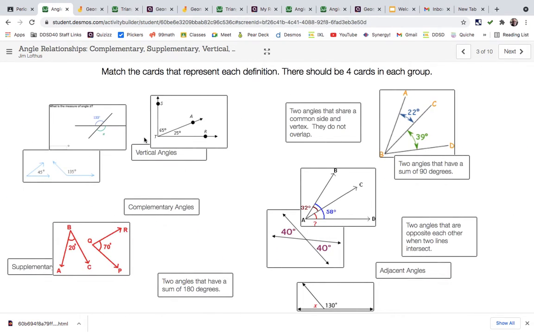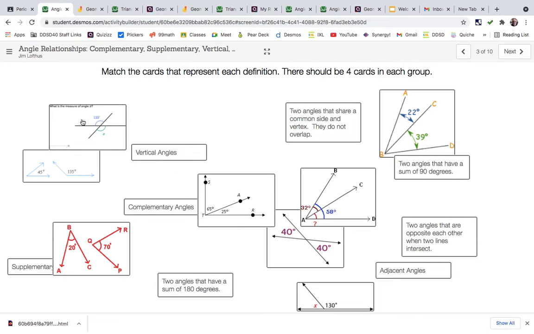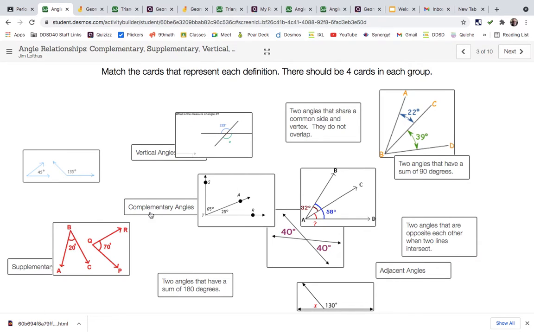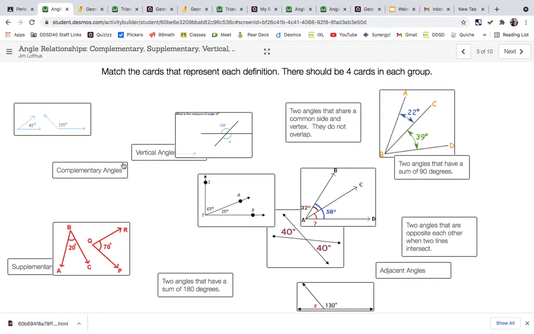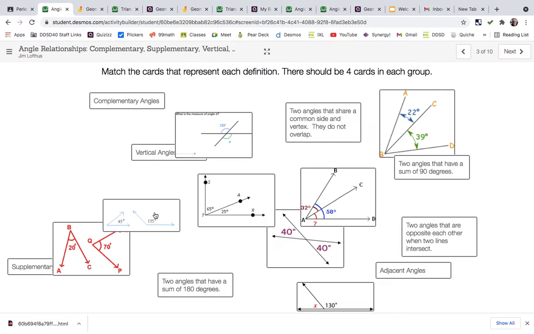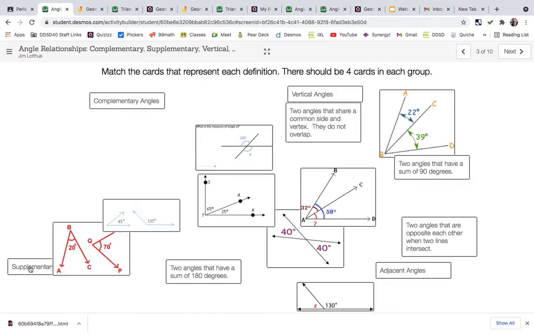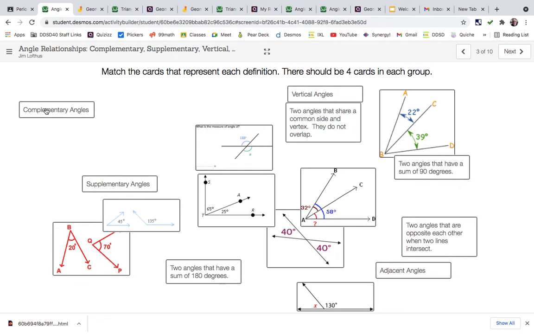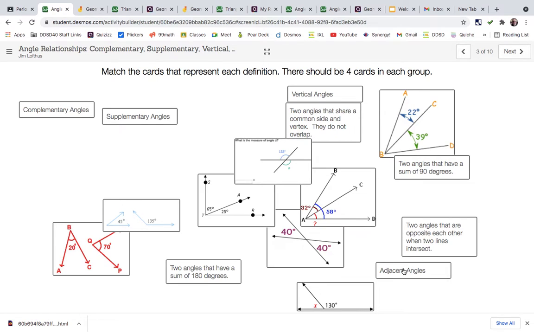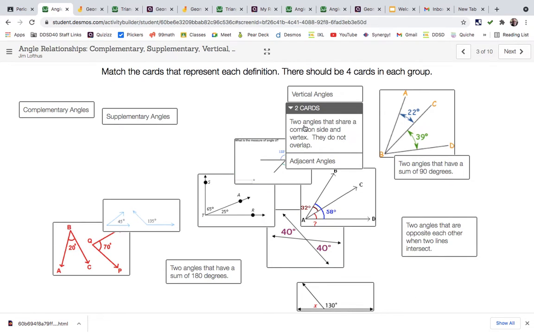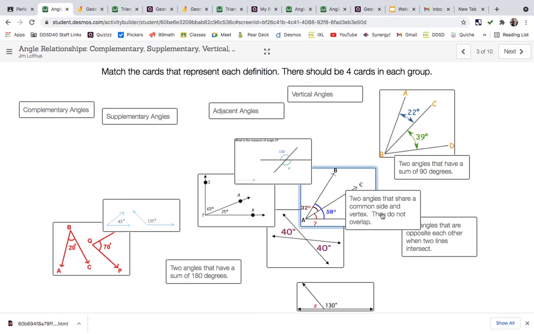Okay, and quickly the answer key on this, it looks like this. Whoops. We'll put vertical right here, complementary, supplementary, adjacent, and adjacent and vertical.